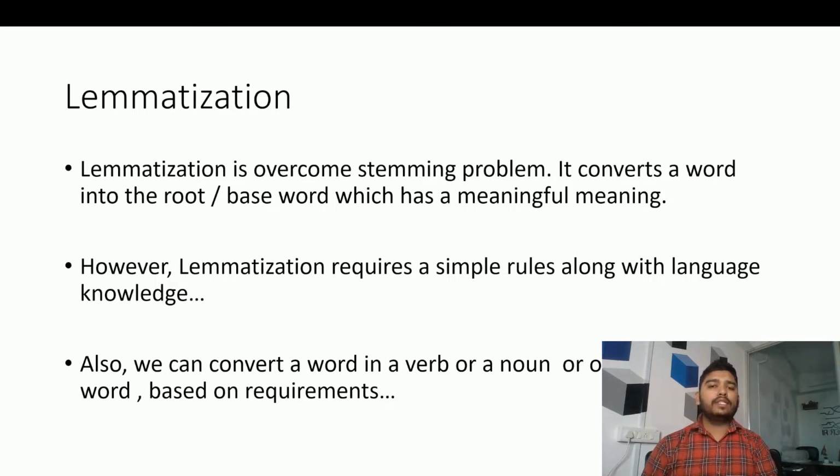However, the lemmatization technique requires simple rules along with prior knowledge of the particular language, and also we can convert a word into a verb or a noun or other forms of a word based on our requirements. So lemmatization is very useful and often used in many NLP projects as it gives us a proper meaningful word.